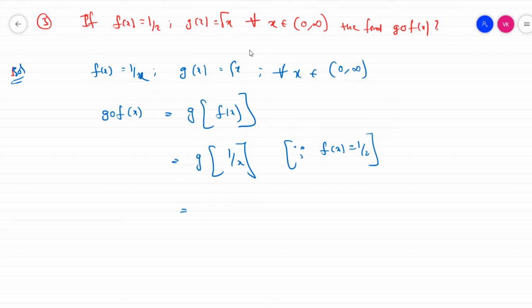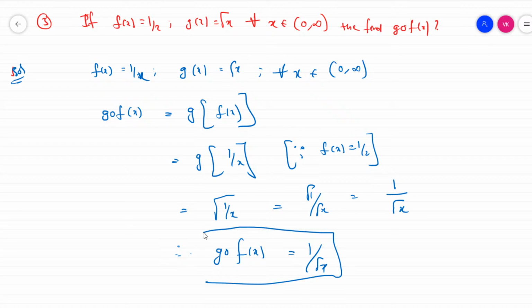We know that g of x is equal to square root of x. Then we can write square root of 1 by x, which is equal to square root of 1 by square root of x. That's the answer. Therefore, g circle f of x is equal to 1 by square root of x. This is the answer for the fifth one.